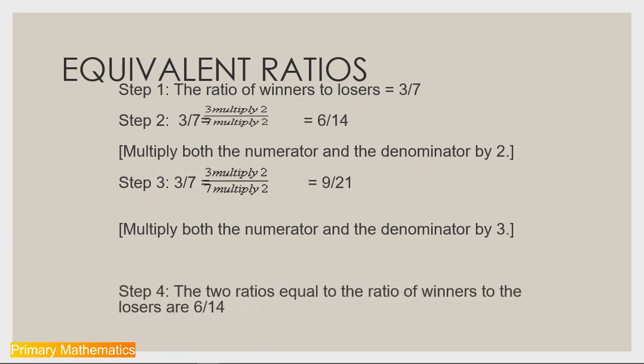The two ratios are equal to the ratio of winners to losers. If we simplify both ratios, 6:14 and 9:21 would end up back with 3:7. So they are equivalent.